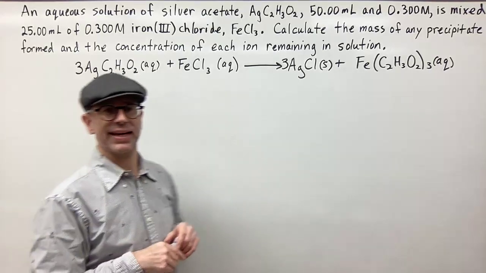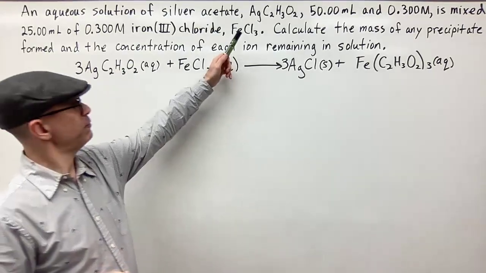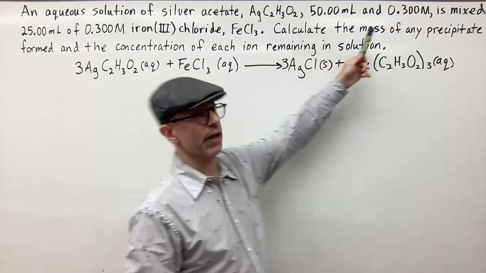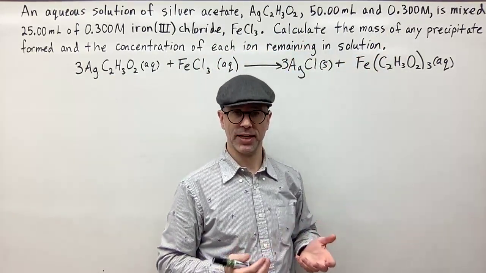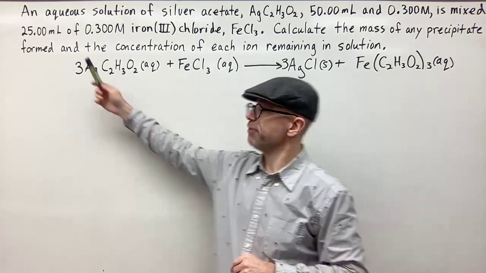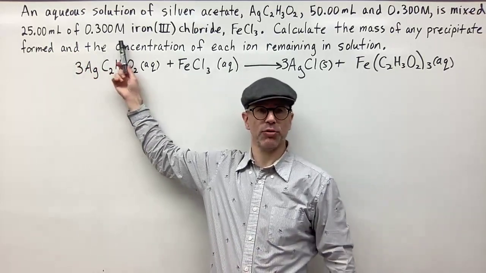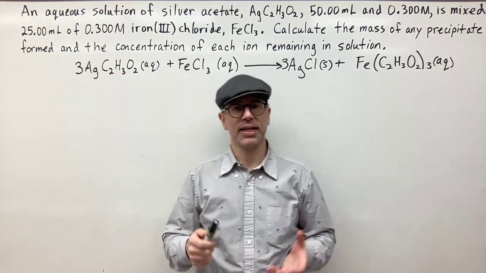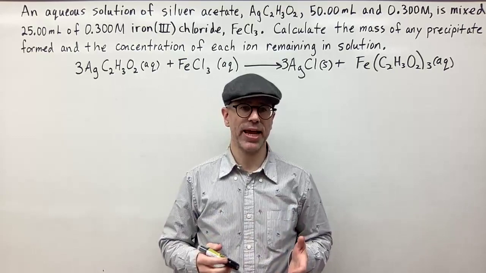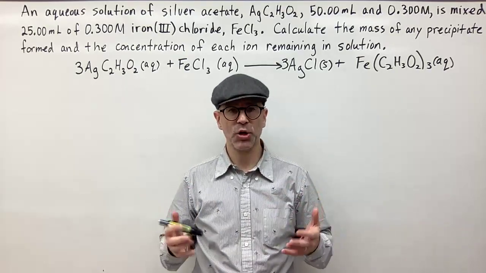So notice that they give us 50 milliliters of a 0.3 molar solution of the silver acetate. And then they give us 25 milliliters of a 0.3 molar solution of iron 3 chloride. This is a dead giveaway that we have a limiting reagent problem. Well, how do I know?